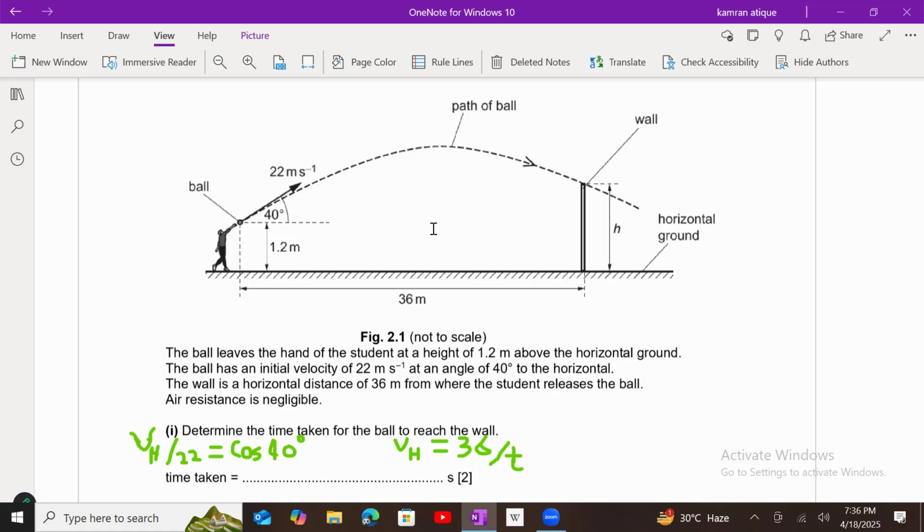And similarly, we should remain alert throughout the question about the horizontal acceleration and or vertical acceleration. And we should remain alert about the horizontal resultant force and or vertical resultant force.